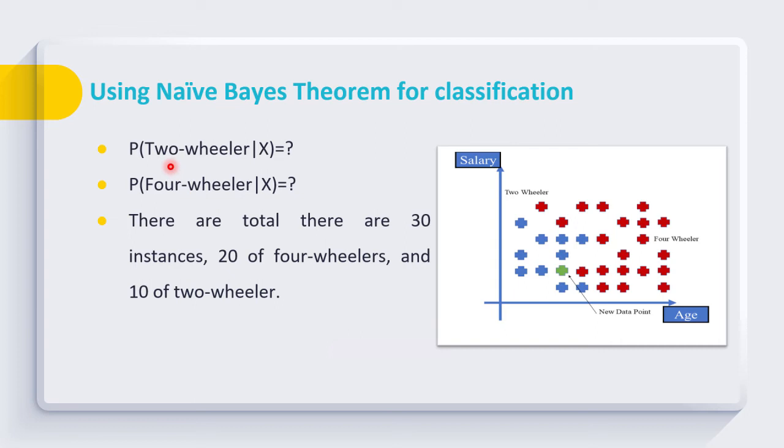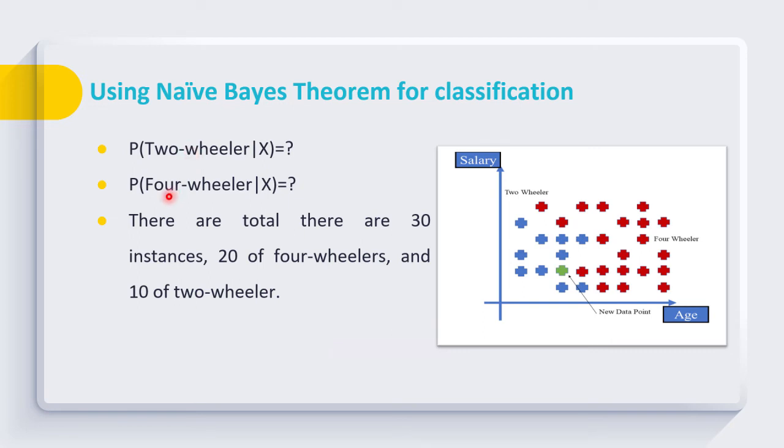For this, we will be calculating the probabilities for each of these hypotheses. It means we have to calculate the probability of two-wheeler given X, because X is the instance which is already given, and for this we want to predict whether he or she will be commuting through two-wheeler or not.